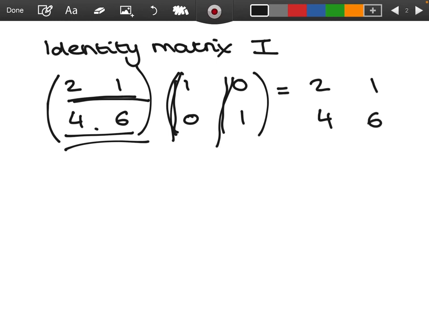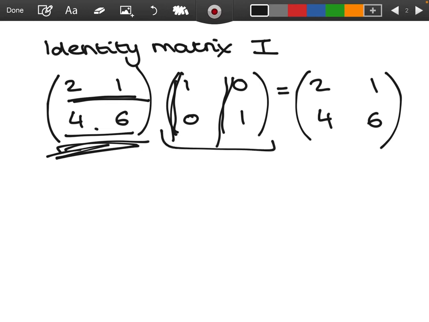That's going to give me 4. And then my last term is going to be 4 times 0 plus 6 times 1 is 6. I end up with the same matrix that I started with. Okay? So what does this matrix do?